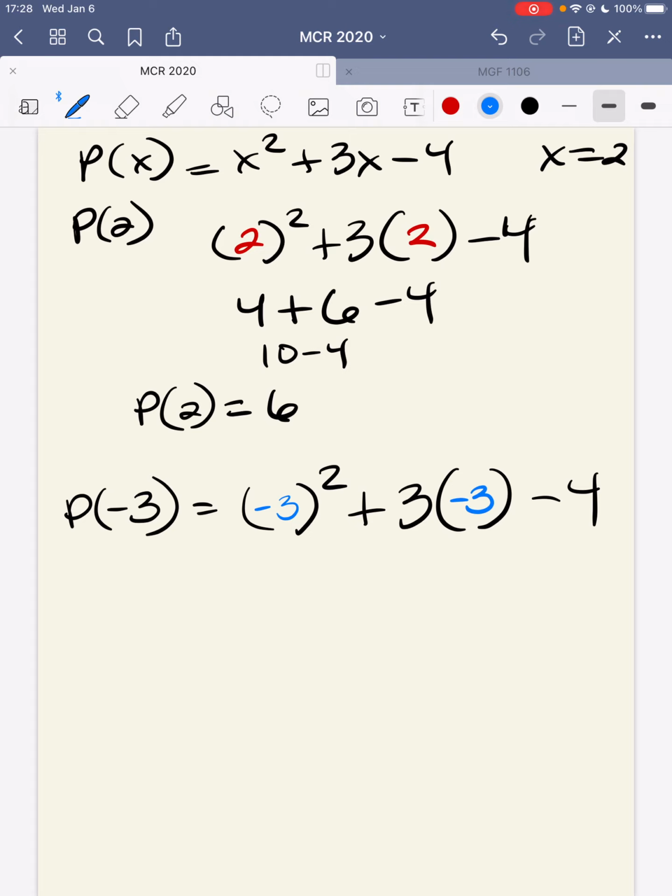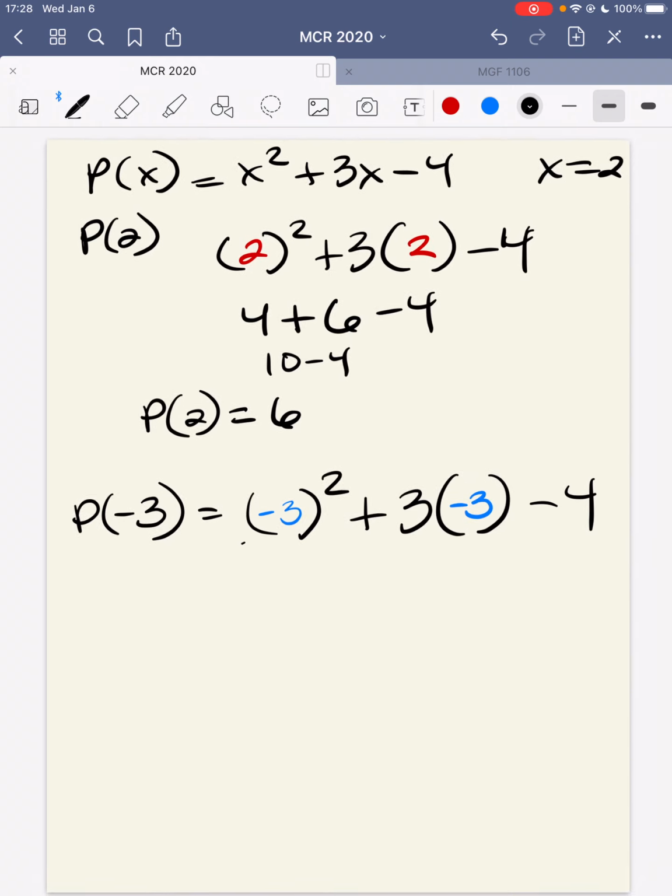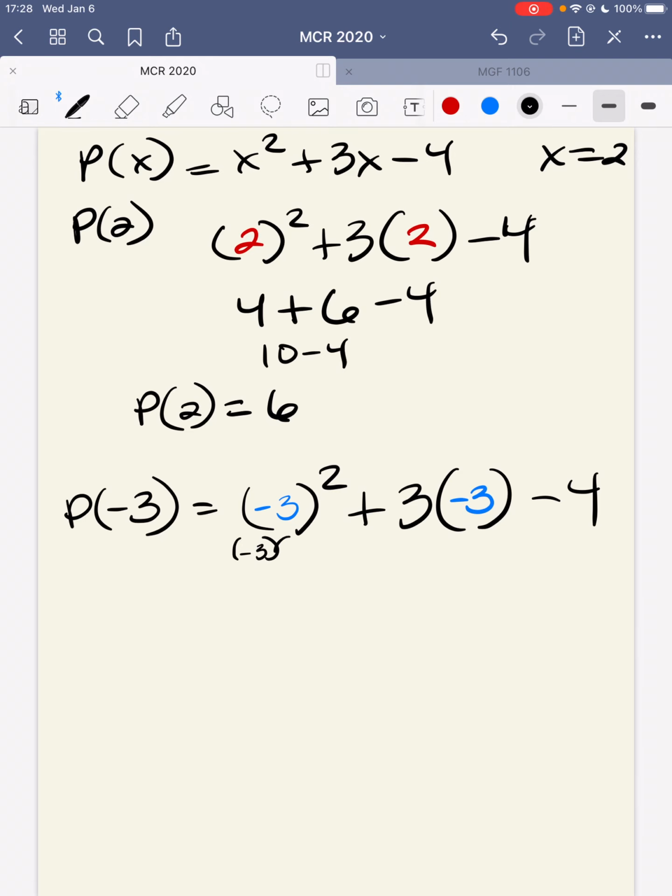Now the first part of this, -3 squared, means I have -3 times -3. And negative times negative gives me a positive, and 3 times 3 is 9.